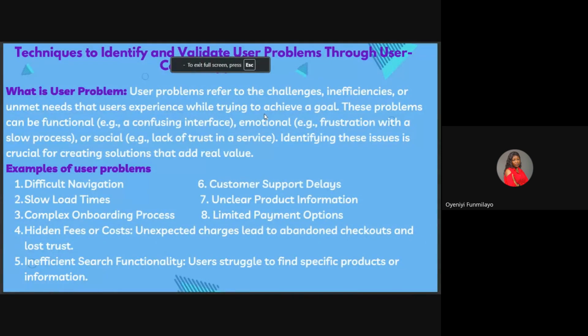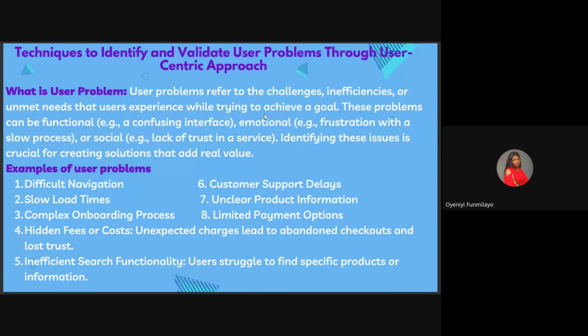The first thing is, what is a user problem? I said user problem refers to the challenges, inefficiencies, or unmet needs that users experience while trying to achieve a goal. In layman's terms, I like to call user problems their frustrations.